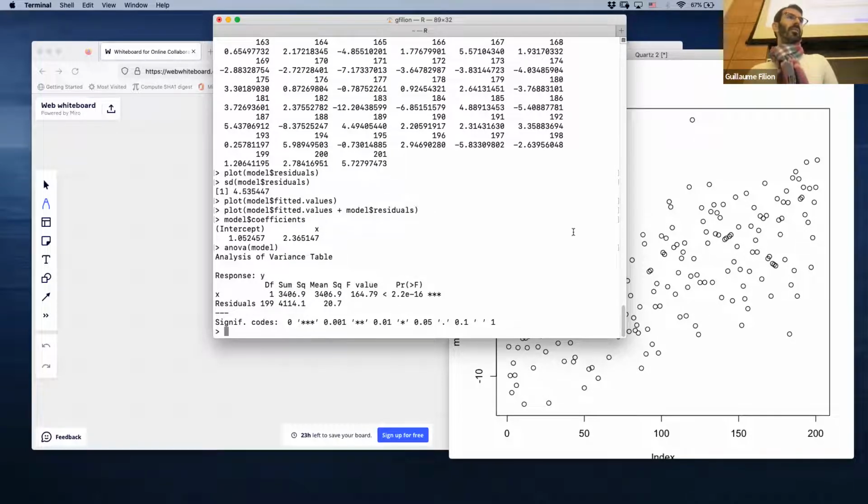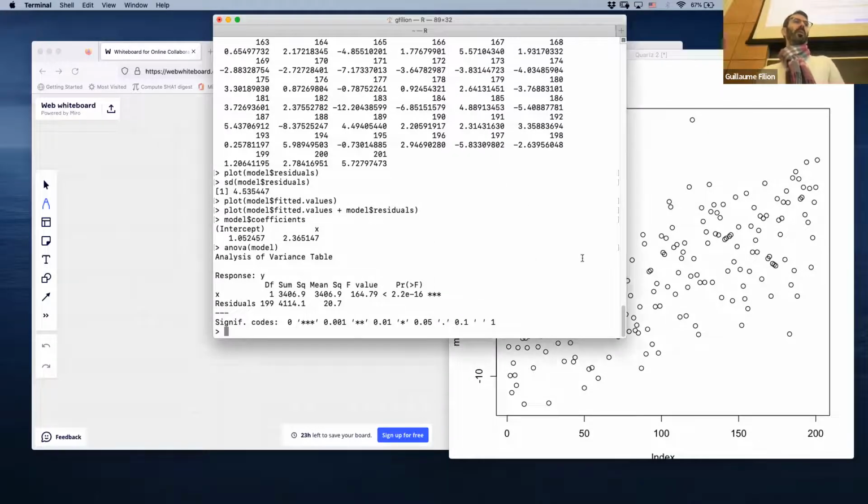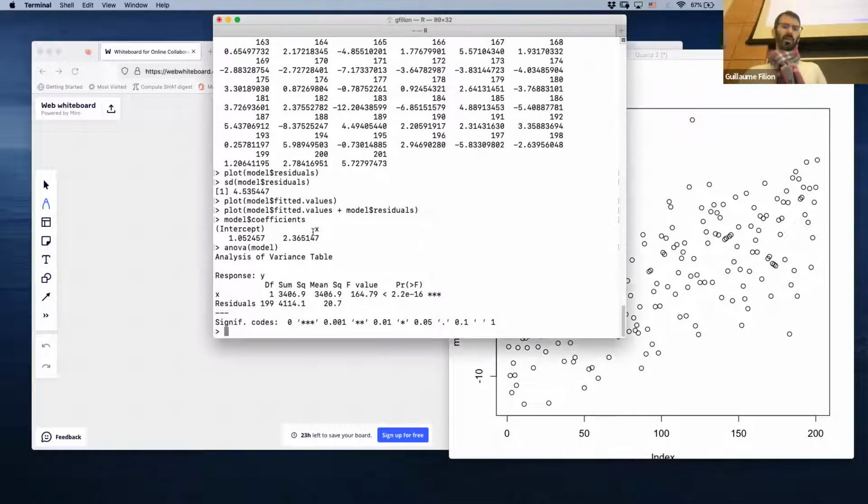And one thing is, of course, we did all this so that we can see which line that corresponds to on the graph here. So how do we add the regression line on the graph that is here? This is particularly easy in the case of linear regression because the function abline nicely fits with the model.